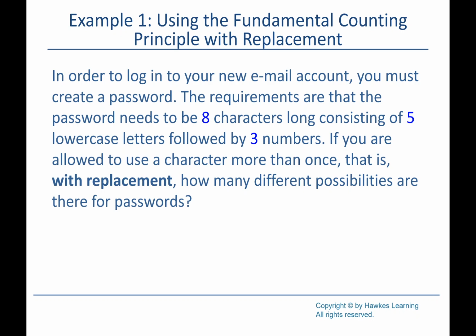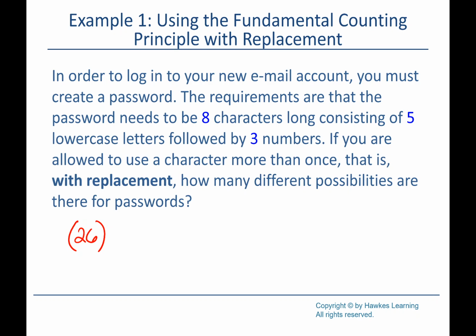So if we go to choose our first letter, first lowercase letter, how many choices do we have for a lowercase letter? How many do we have in the alphabet? 26. So when we pick our first letter, we have 26 choices. But then we could use that letter again, it says. We're in a with replacement situation.